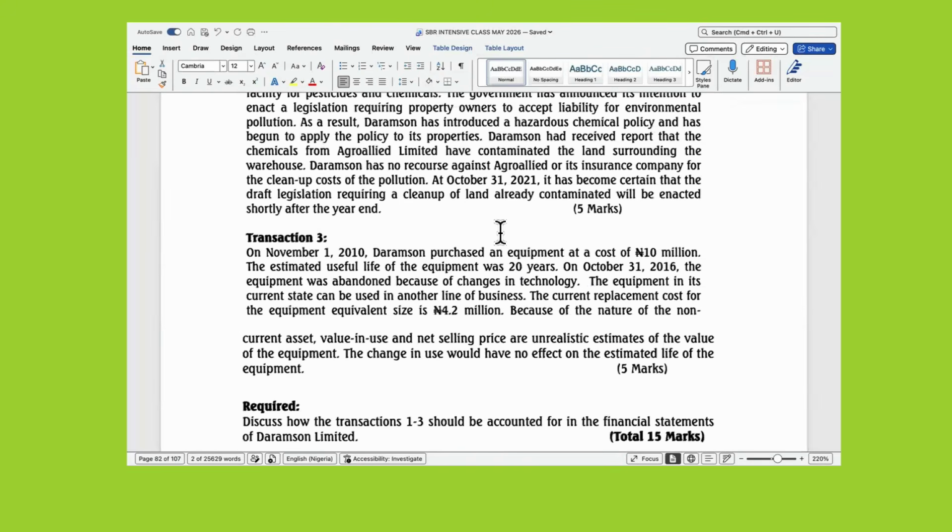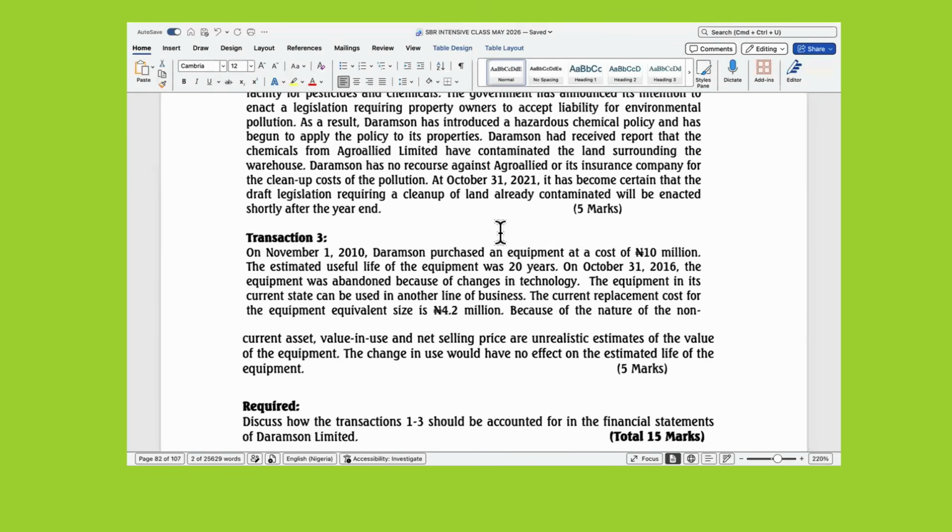For this, the points are very clear, especially for this transaction 3. It's clear that it just wants you to talk about abandoned asset. You just explain the principle in IAS 16 that abandoning an asset does not mean you derecognize it from your books.